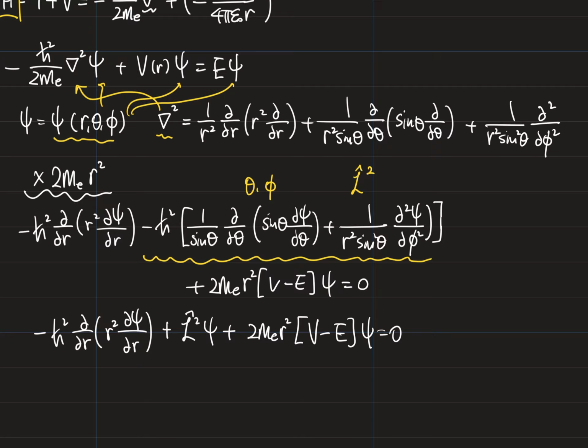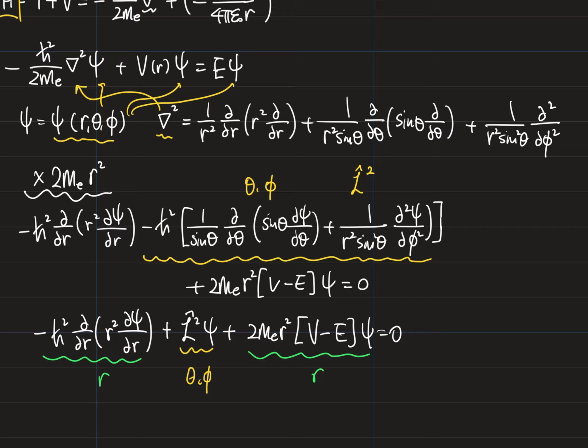So maybe you realize that, okay, now we can separate the partial differential equation into ordinary differential equations. This term involves theta and phi, and the first term and the last term involve only the variable r. Okay, so this is the Schrödinger equation for a hydrogen atom that we want to solve.